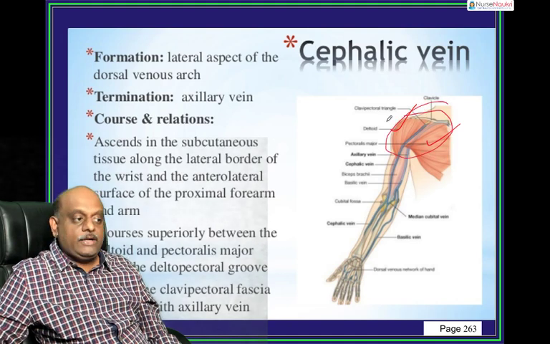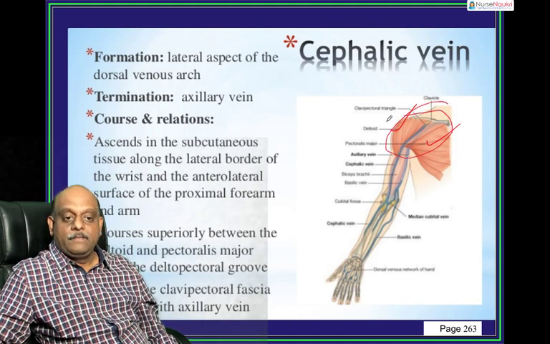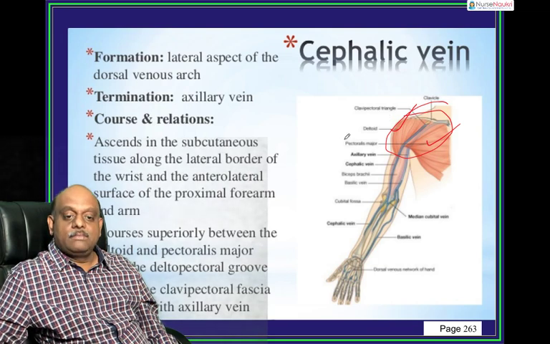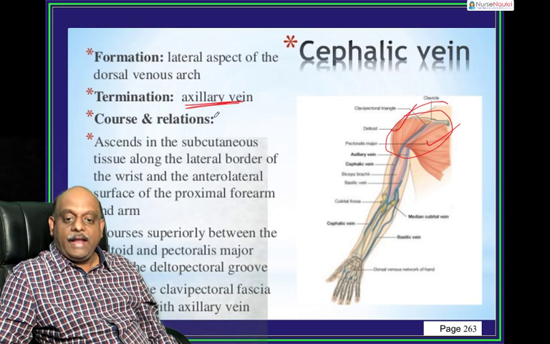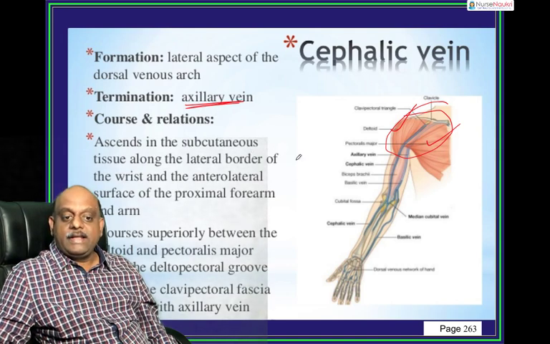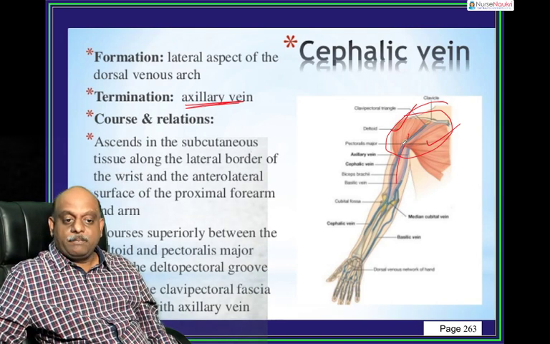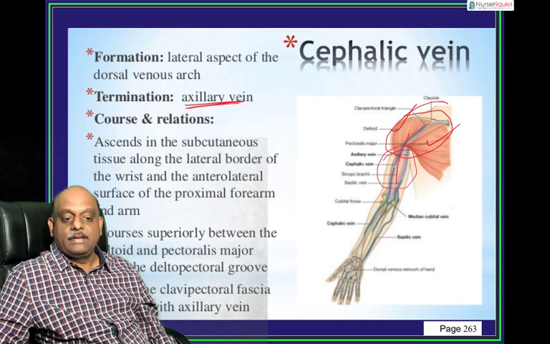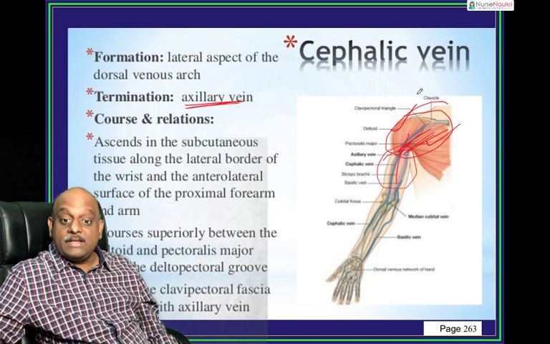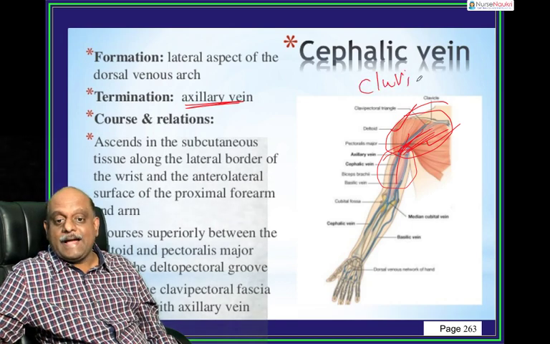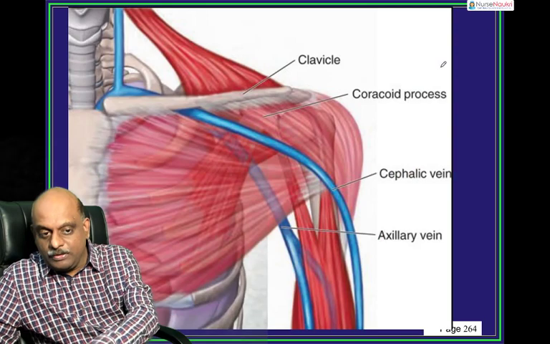The cephalic vein terminates as the axillary vein, and it descends in the subcutaneous tissue along the lateral border and passes to the deltopectoral groove. It pierces the clavipectoral fascia, is what you have to remember.